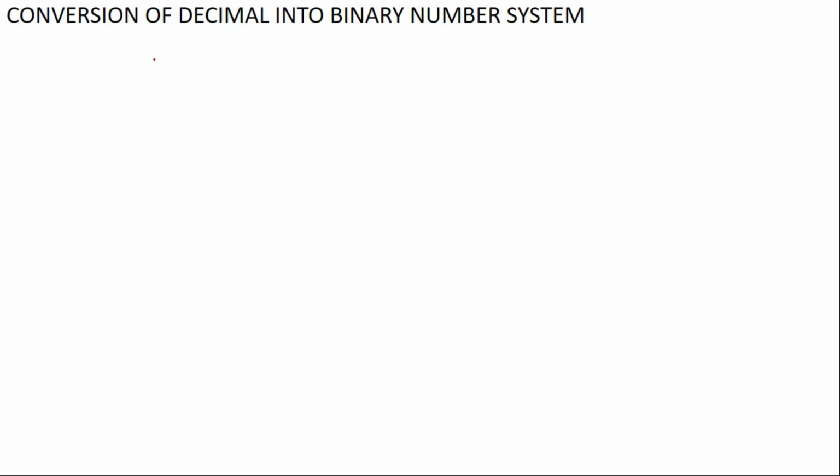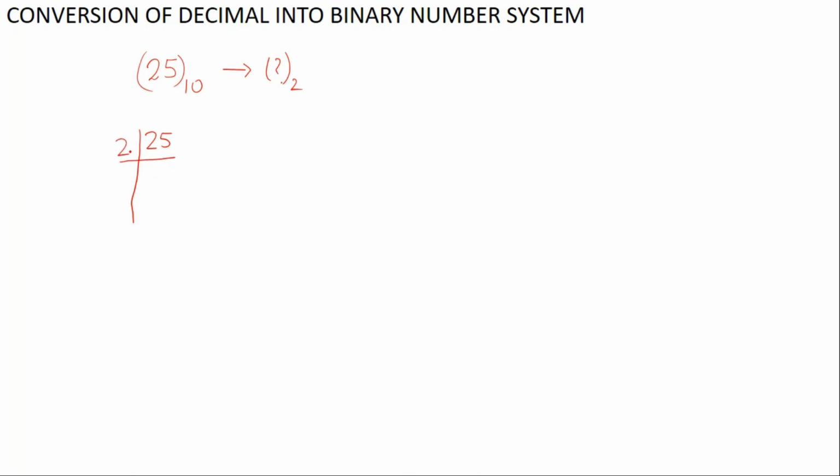Let us take an example of a decimal number, suppose 25. Since it is decimal number system, it will have base 10 and it will get converted into binary number system having base 2. So what we have to do, we will write the number and keep on dividing it by 2.